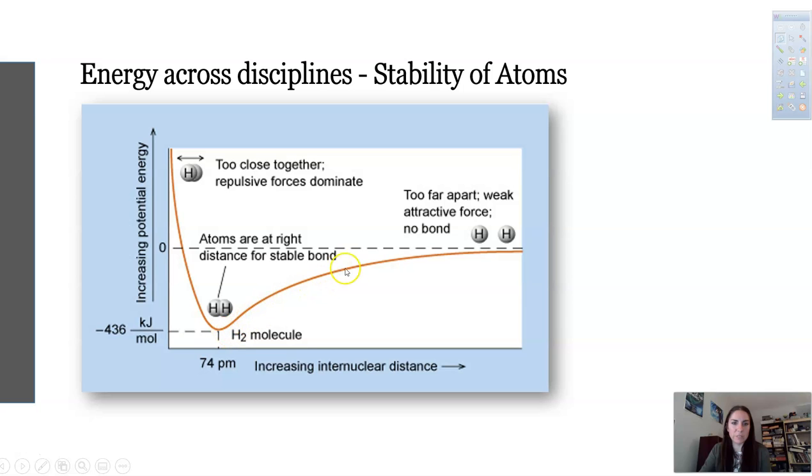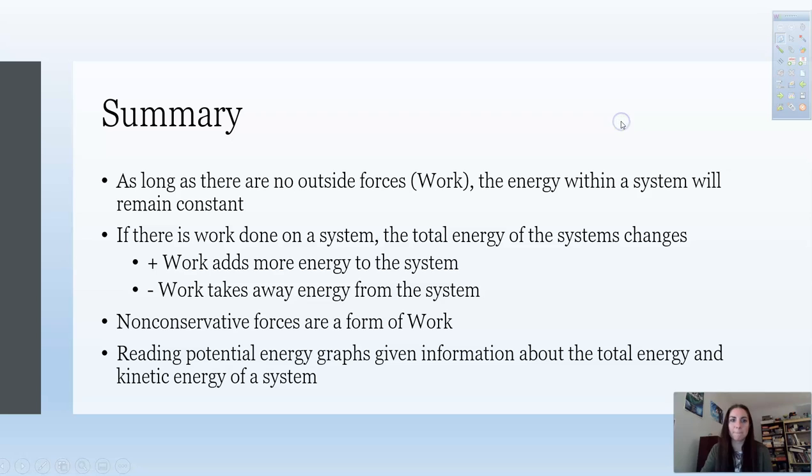As you get further in distance, they become weaker and no longer want to stay together. And then if they're too close, then you got the repulsive force. So in other words, they're two hydrogen atoms of the same sign. They're not going to want to stay next to each other. Although there's some other things going on there, which if I do part 2 of this course, you would learn all about. But anyway, you're not required to read this. Don't worry, you don't have to understand this. I'm just telling you that potential energy graphs exist in all different courses, including your chemistry course.